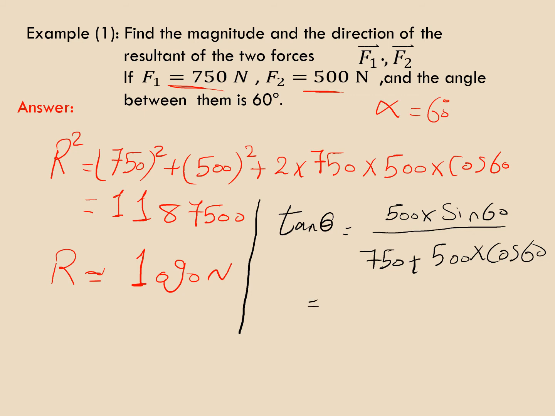I will check the answer: 500 multiply sine 60 over 750 plus 500 multiply cosine 60. The answer will be 0.433. Shift the answer. Approximately, theta will be 23 degrees 24 minutes and 48 seconds.